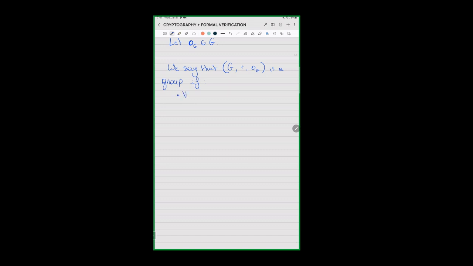So for all x in G, if we do x plus 0G, it's equal to x. If we do 0 plus x, it's equal to x.